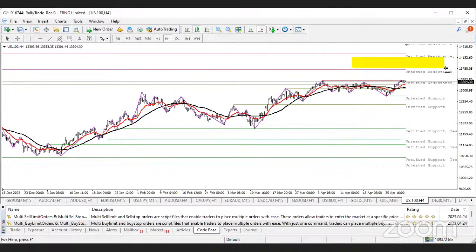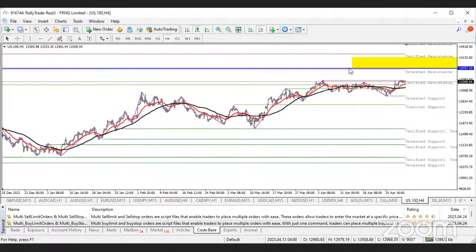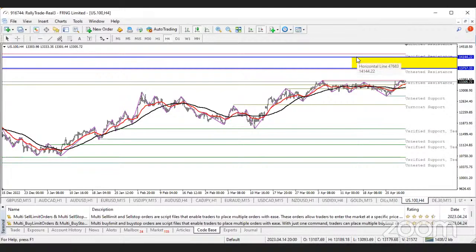You can see this range between 13,735.33 to 14,144.22.